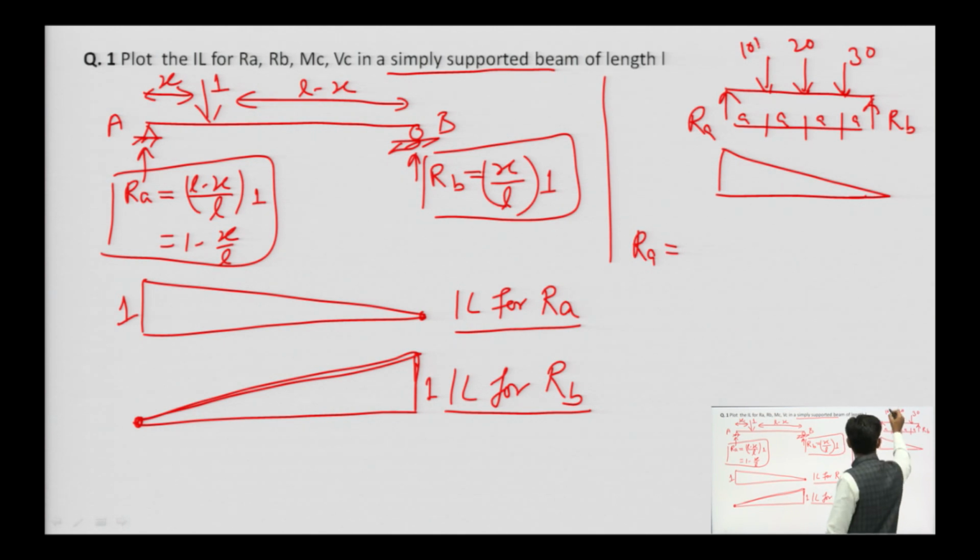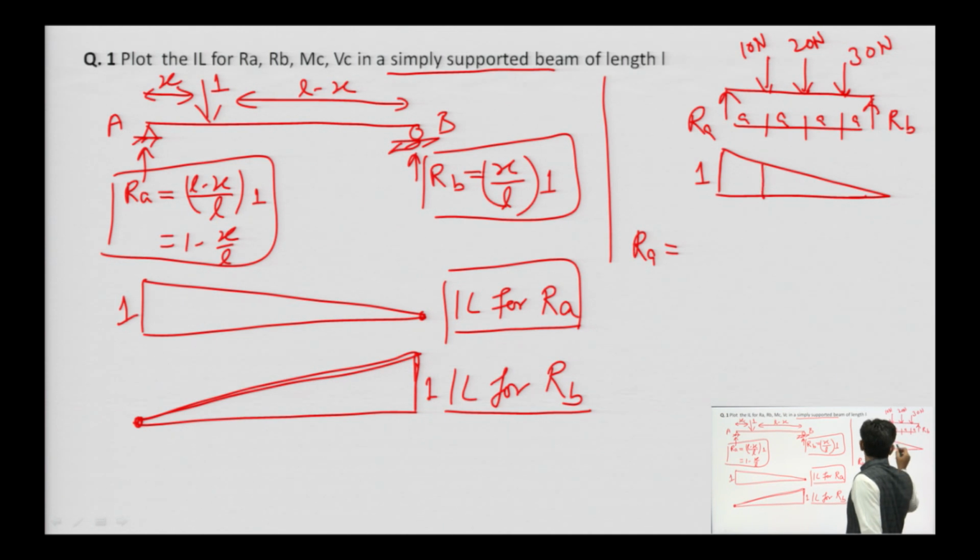If this is the position of the loads, 10, 20, 30 kilonewton, acting at uniform distance from supports, then to find the value of RA, we need to plot this IL. We know the IL for a simply supported beam is this, with unit ordinate. So, we can calculate the ordinates.